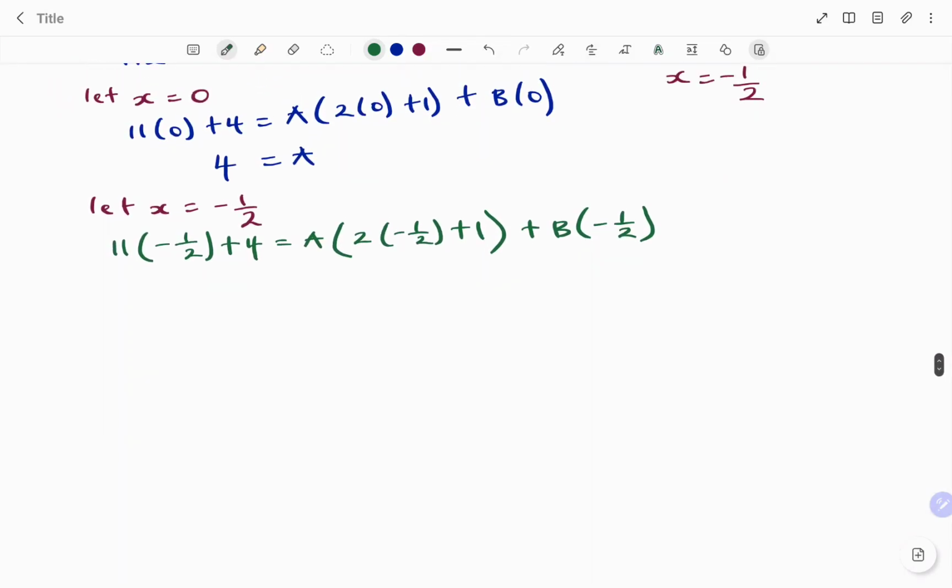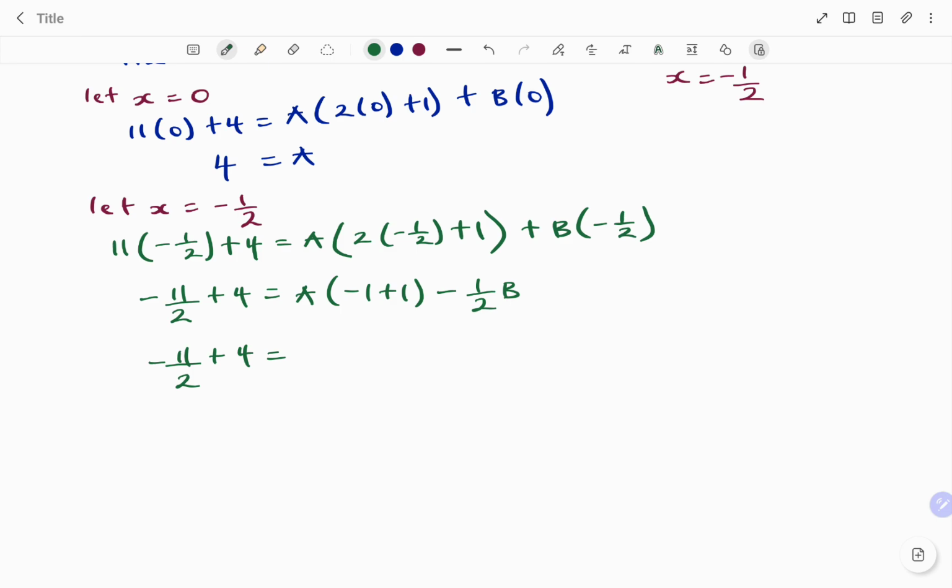The next step, I'm going to simplify. I have 11 times minus 1 over 2, that's minus 11 over 2, plus 4 equals A(2 times negative 1 over 2, that's minus 1, plus 1) plus, that will now become minus 1 over 2 B. And I have that as minus 11 over 2 plus 4 equals A times 0, that's minus 1 plus 1, 0.